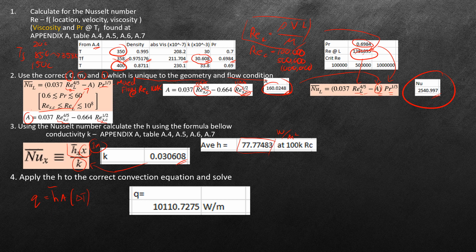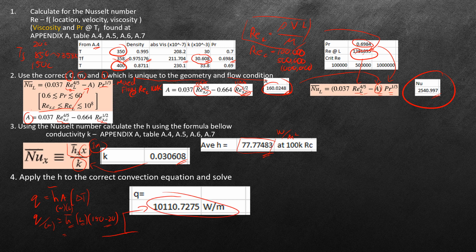Since the problem is asking for a per width analysis, we rewrite the area as width times length, and Q over width is equal to h bar multiplied by our length multiplied by our 150 minus 20. So we input our average convection coefficient, our length, and our temperature gradient, which will give us this value right here.